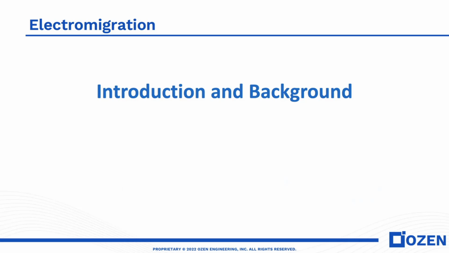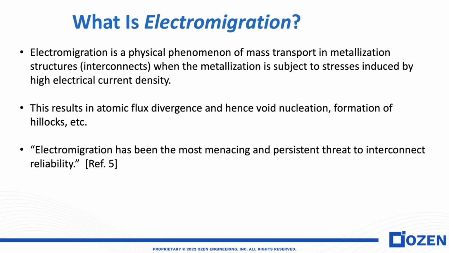Quickly jumping into electromigration, we'll talk about the introduction and the background. So what is electromigration? Electromigration is a physical phenomenon of mass transport in interconnects when the metallization is subject to stresses induced by high electrical current density.